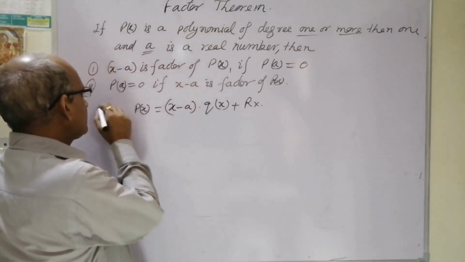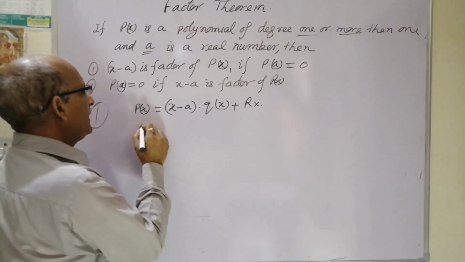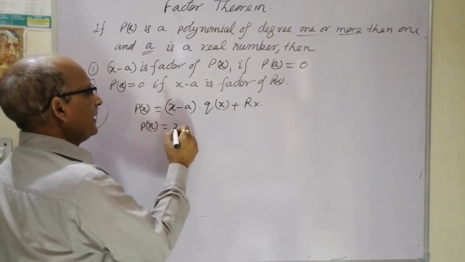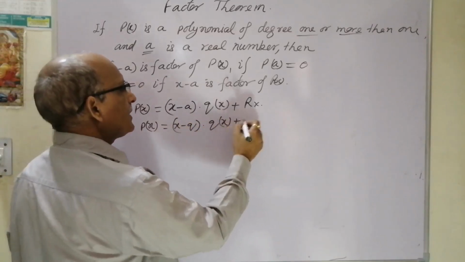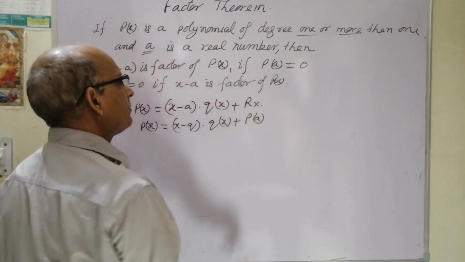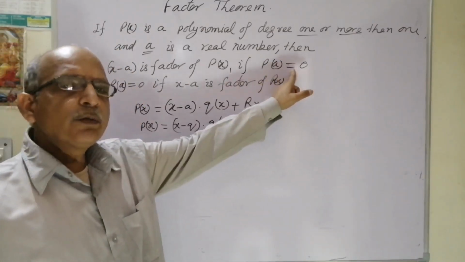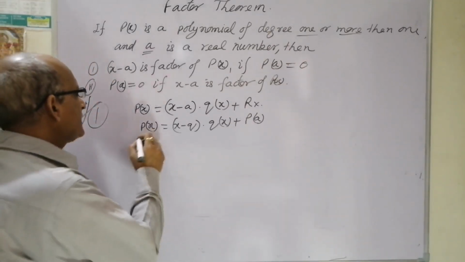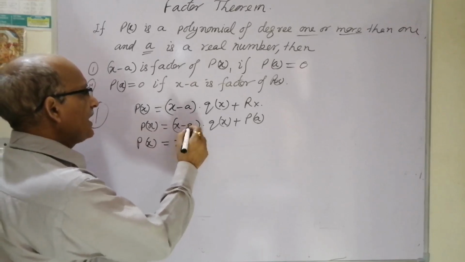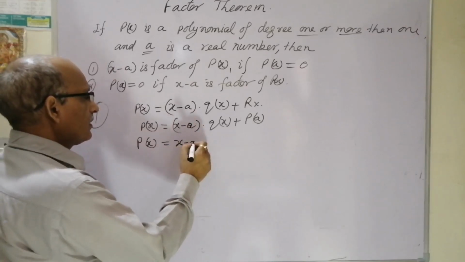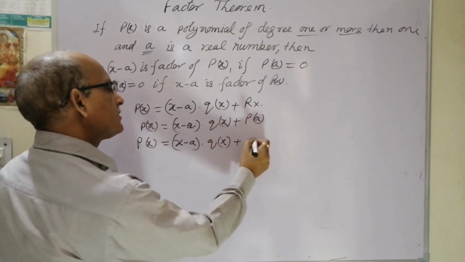The question is, if p(a) is 0, we have to think about it. So, first one, prove. I am proving it. p(x) can be written as (x minus a) into q(x) plus p(a). What is p(a)? Given to be 0. If p(a) is 0, then p(x) is equal to (x minus a) into q(x) plus 0.